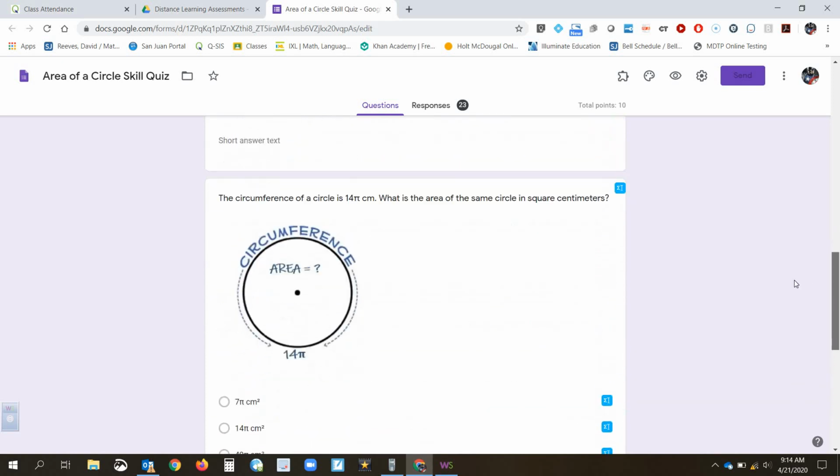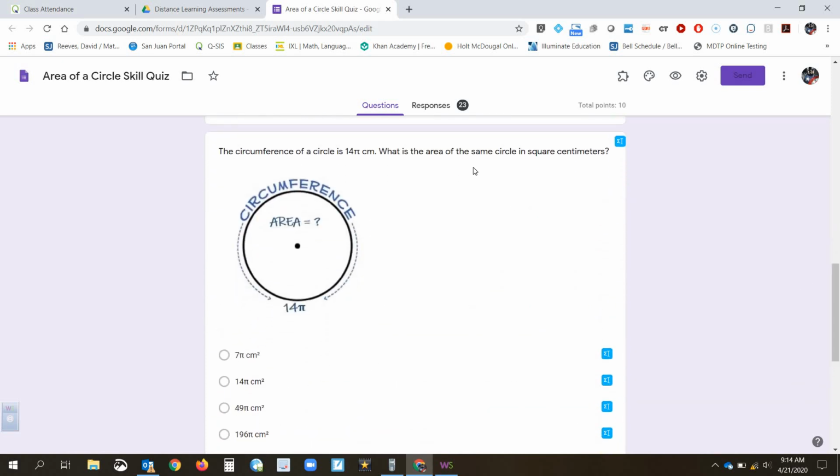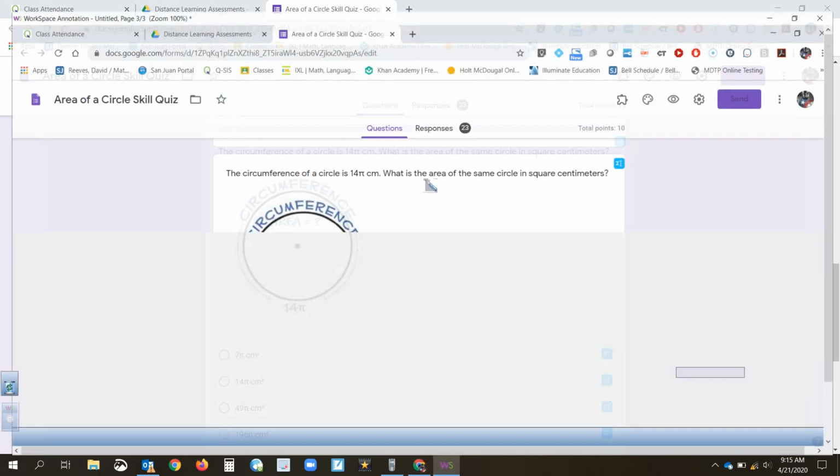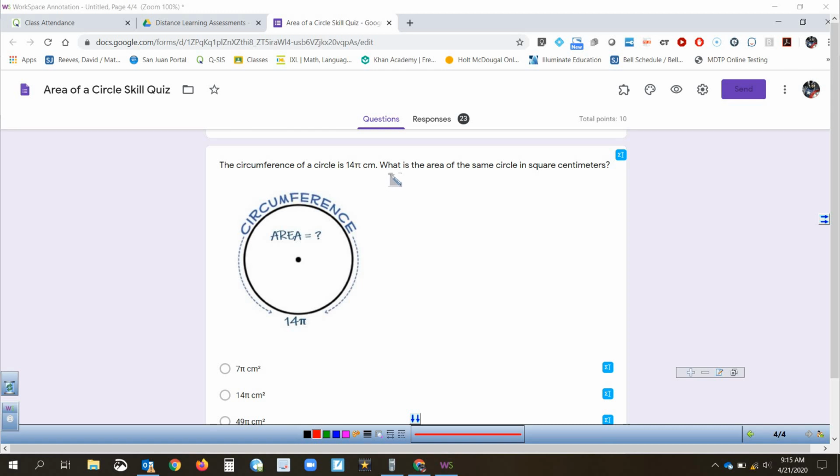So these last two were a little bit more tricky because you had to know more than just the formula. One of the things that you're supposed to be learning is how to relate area to circumference. Circumference was the previous lesson we did. The formula for circumference is either diameter times pi or 2 times pi times the radius.